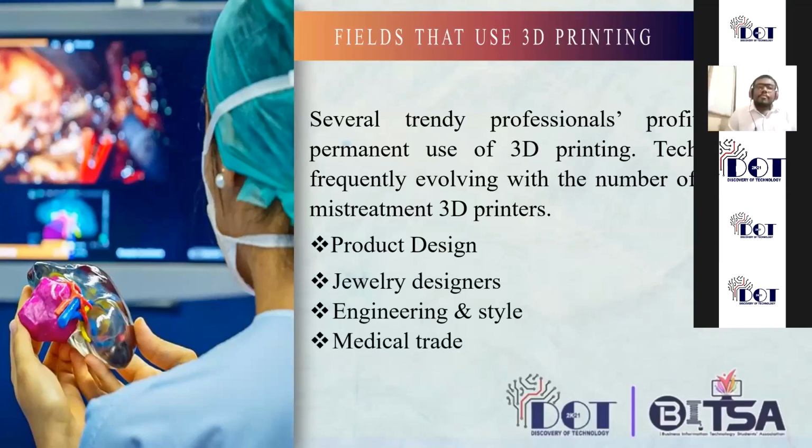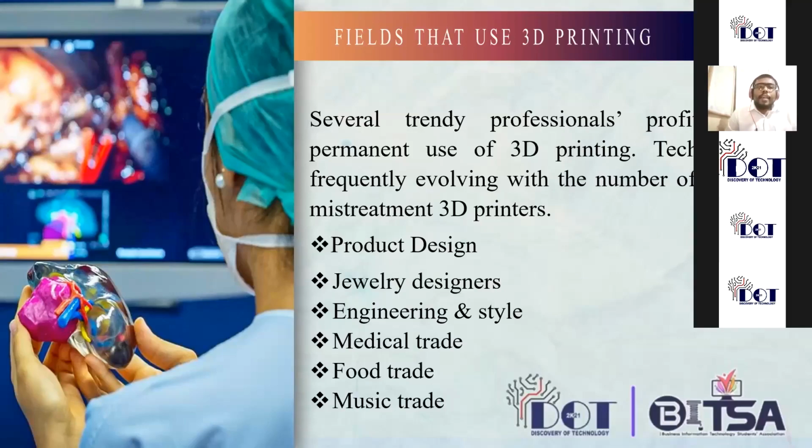But not only the medical field, but also style, food trade, and music trade are other industries that use 3D printing technology. And also the architectural and construction fields use this technology in order to make prototypes and their maps.